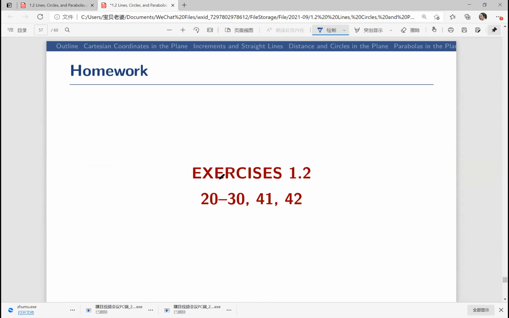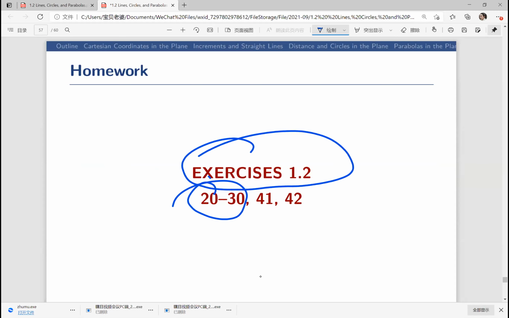The exercise for this class is in exercise 1.2 in your book. Okay, this is homework, only 20 to 30. One moment, I check it.